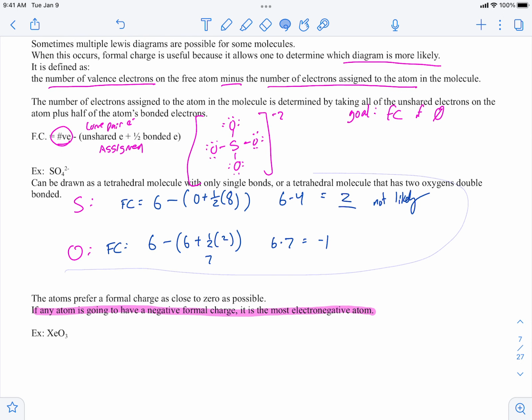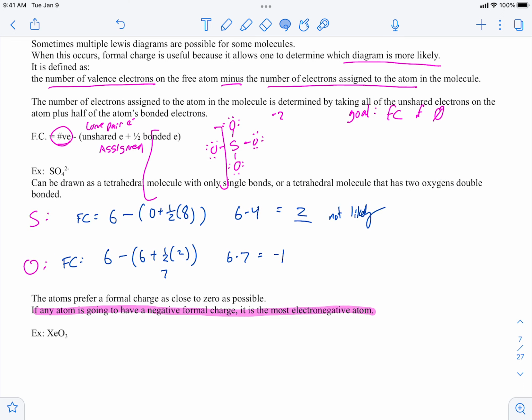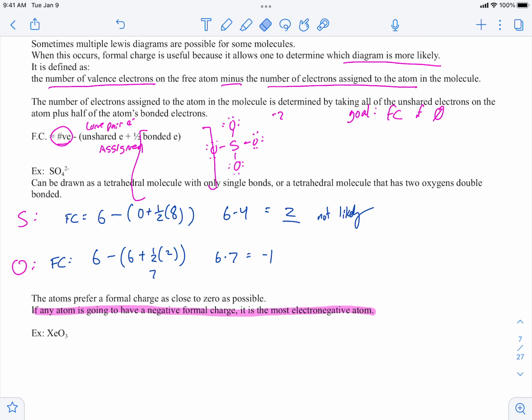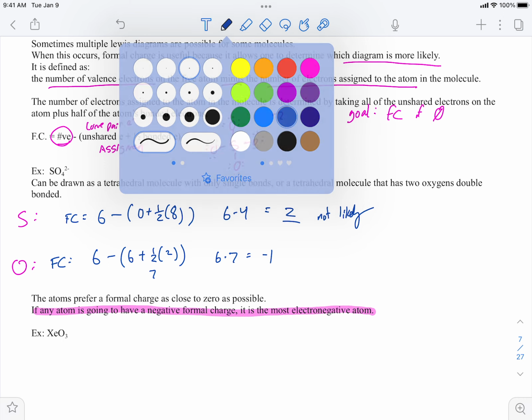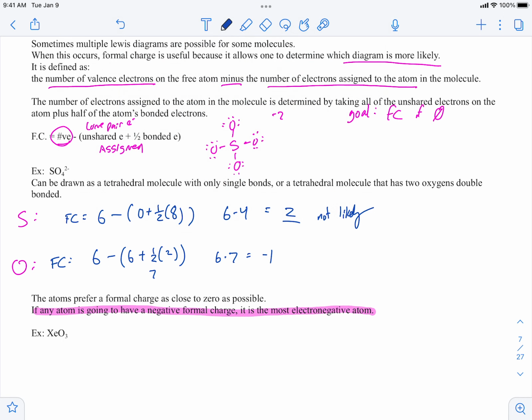I drew these really large here. I'm just going to slide this over. Okay, so I present to you this: sulfur with 4 oxygens. We've got 32 electrons.